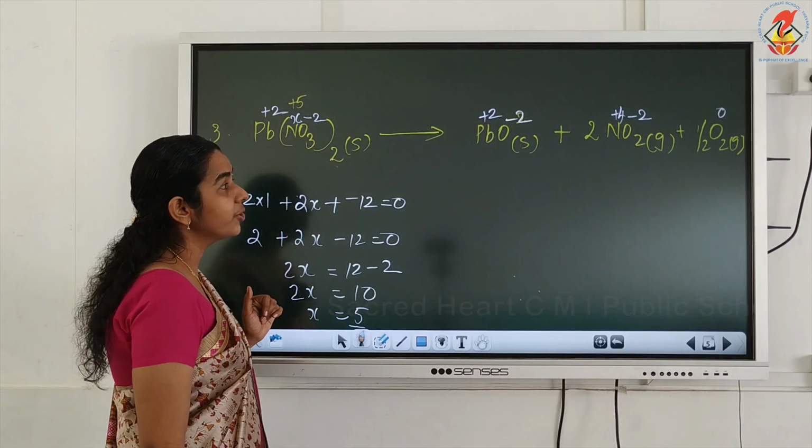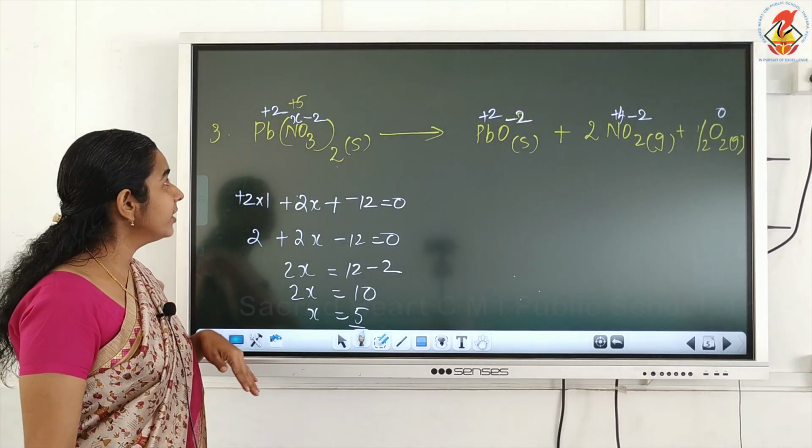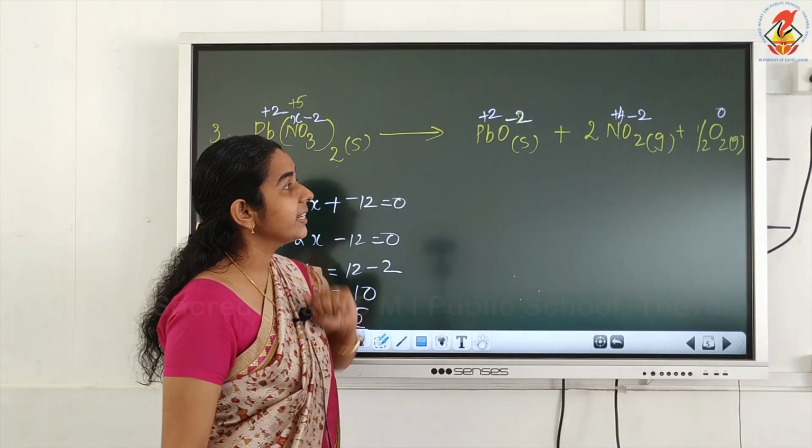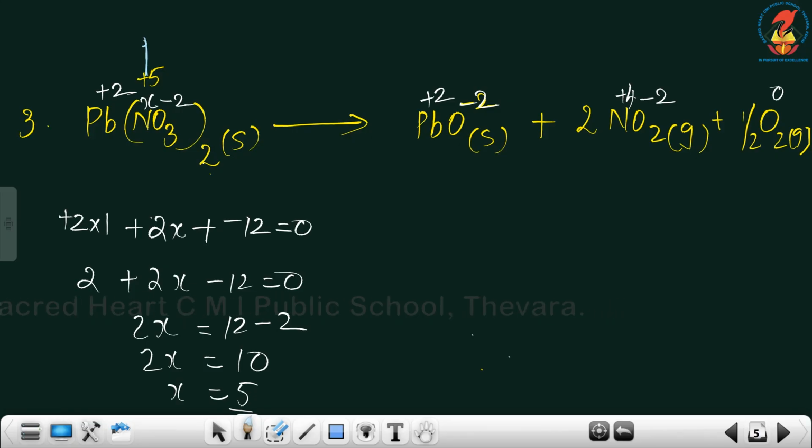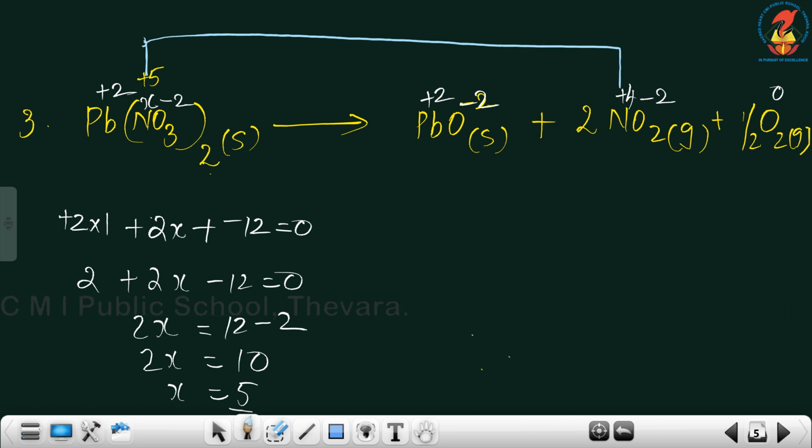Now what happens to nitrogen here? On the left hand side it is +5, on the right hand side it is +4. We start from nitrogen itself and end on nitrogen itself. So +5 to +4 means there is a decrease in oxidation number, so it is undergoing reduction.